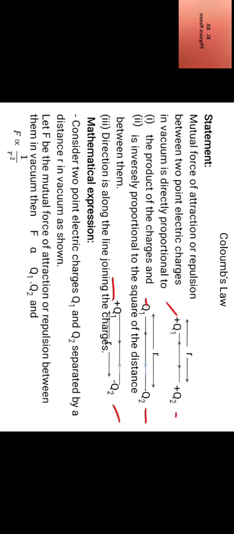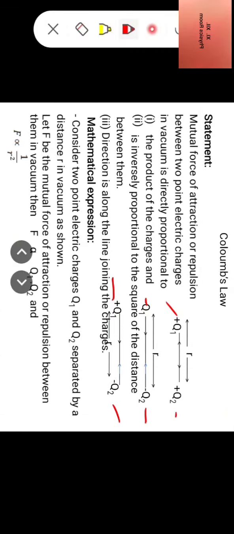Now the mathematical expression. We consider two point electric charges Q1 and Q2 separated by distance r in vacuum as shown. Let F be the mutual force of attraction or repulsion between them in vacuum.